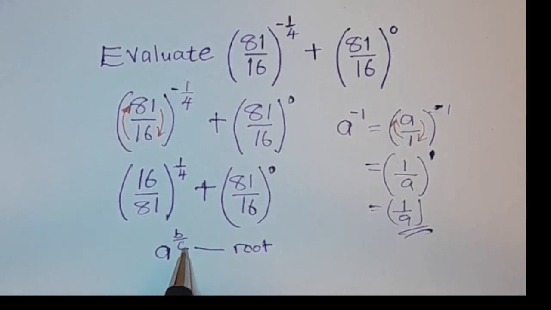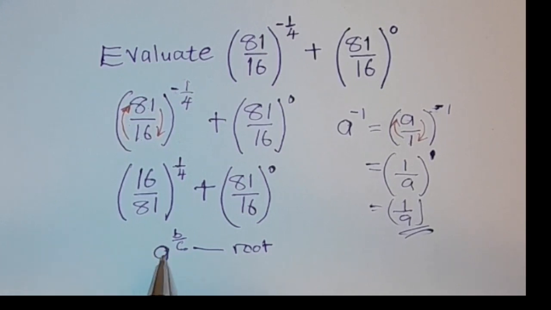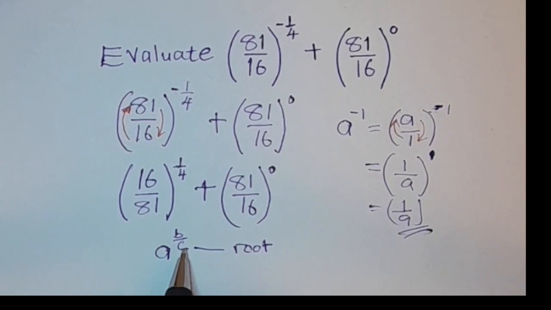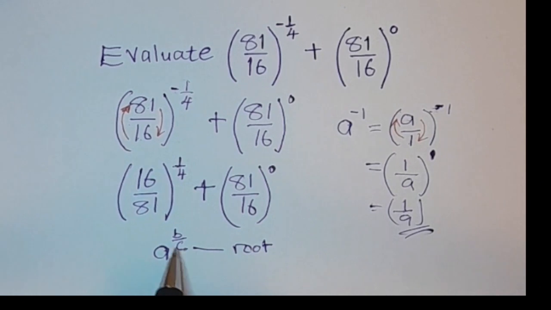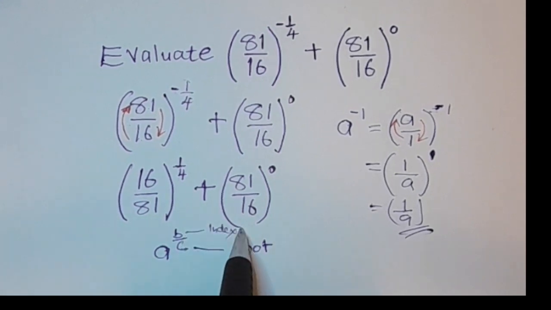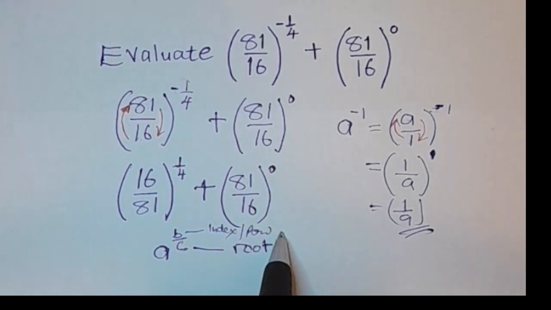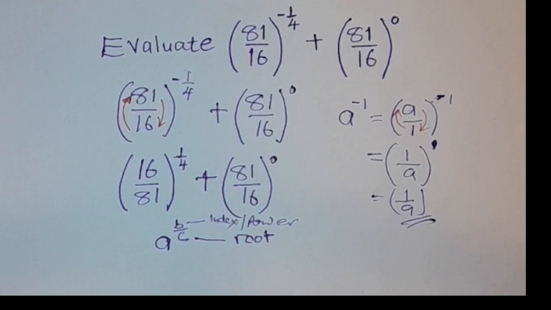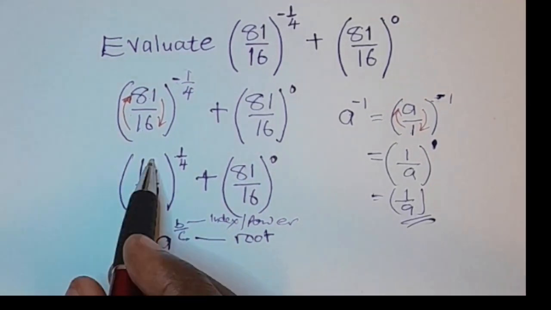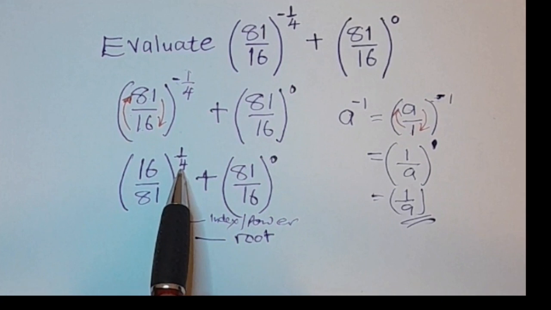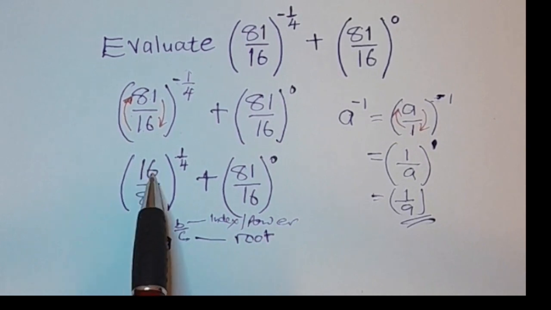If it is a 3, they are asking you to find the cube root of the base. If it is 4, just as it is here, they are asking you to find the fourth root. And B is the index or power. So here they are asking you to find the fourth root of 16 and 81.